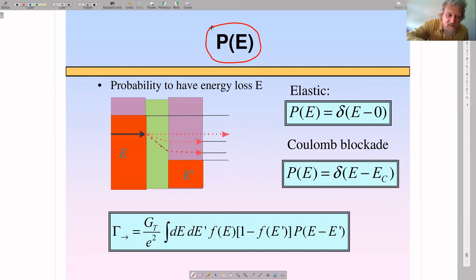And this function gives the probability to have energy loss E. So an electron, which is going to tunnel, can give different amounts of energy to the surrounding system, to the environment, to electromagnetic modes in this additional connector.